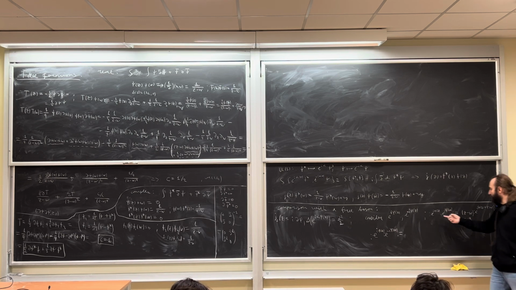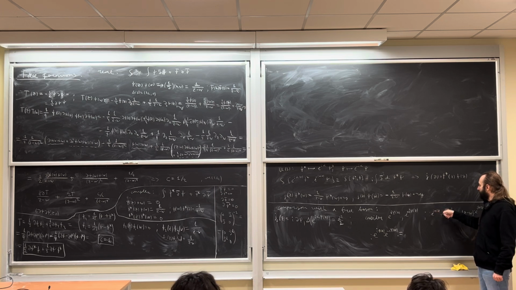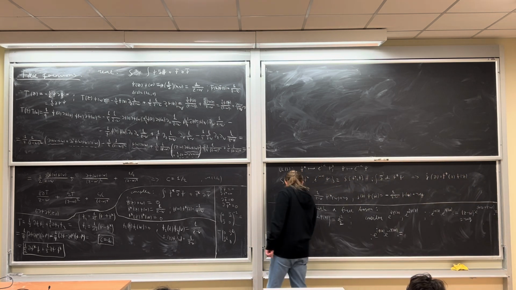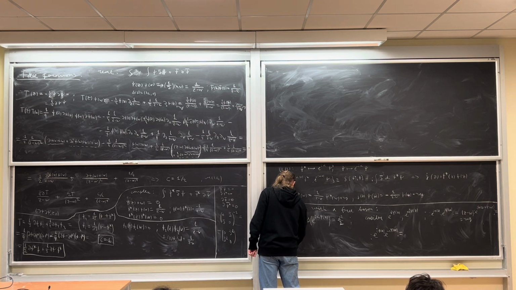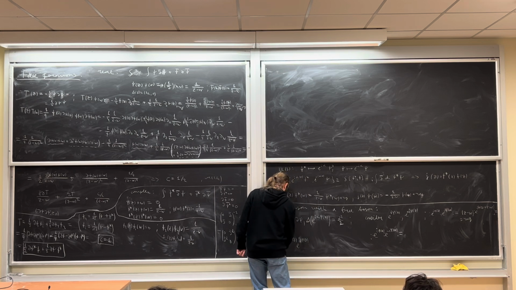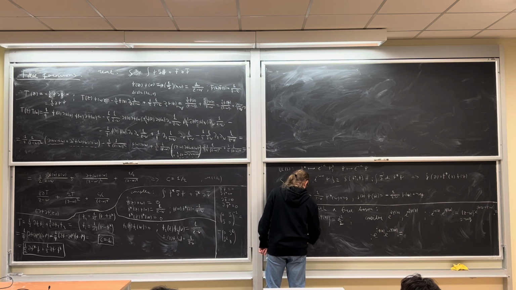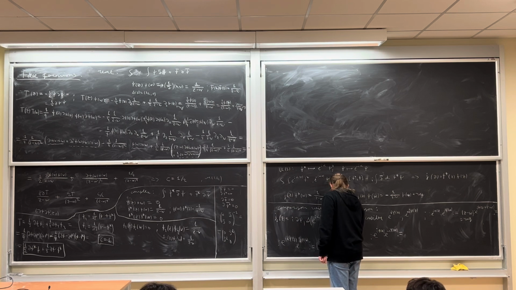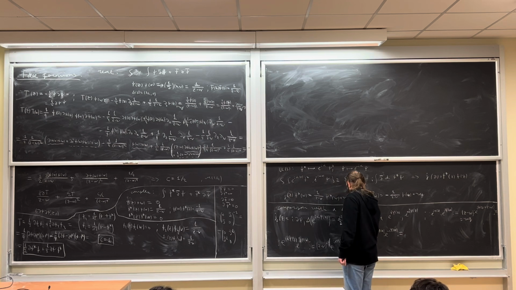Of course, because here we had I and I, and here we have I and minus I. So e to I alpha phi of z with e to I beta phi of w is z minus w to the power alpha beta, e to I alpha phi of z plus I beta phi of w.